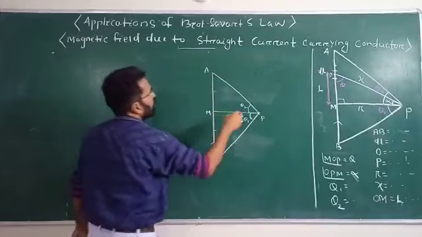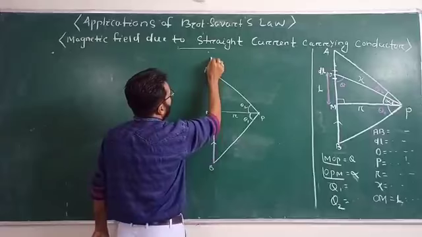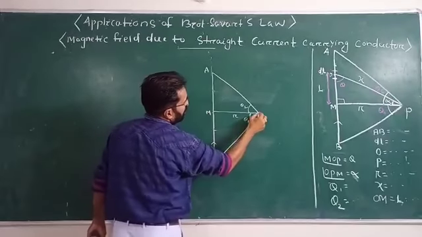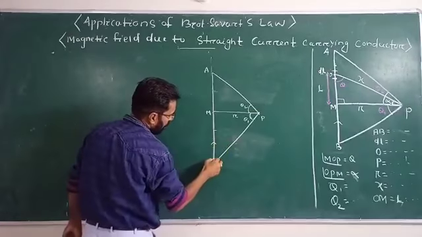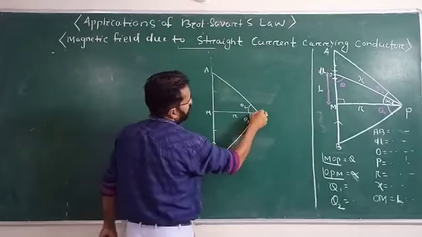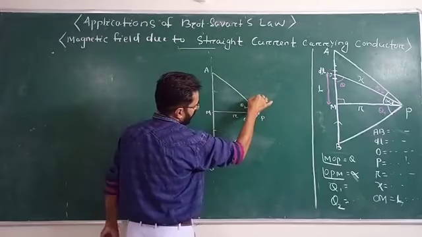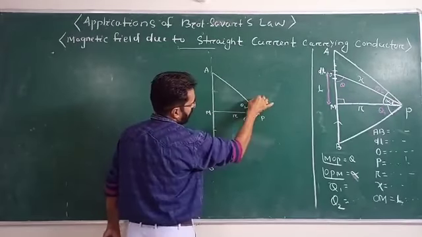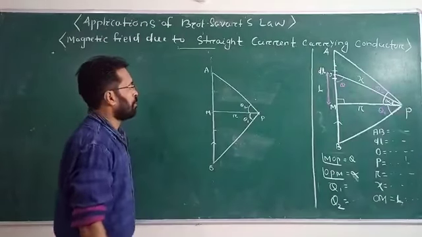Now, if the length of AB is increased, the intensity at this point is different. If B is also increased, the intensity at point P is also different. If point P is at different positions, it is also a different magnetic field.